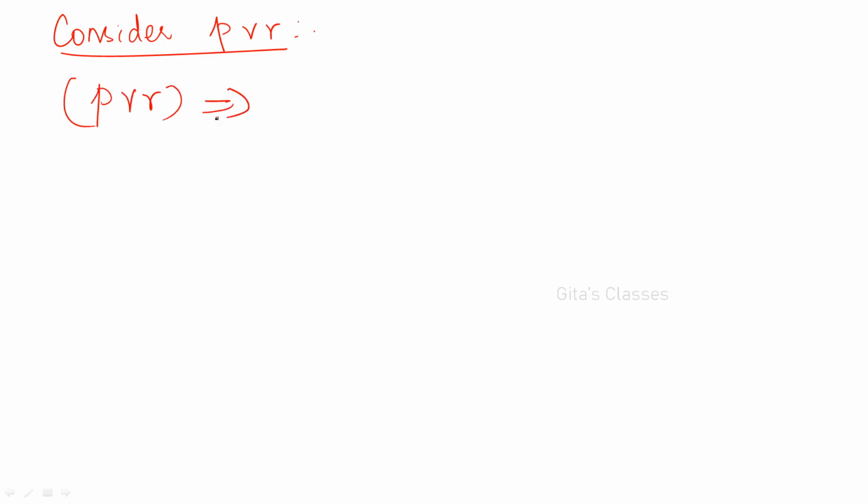One second, my pen is not writing properly. So first consider the first term, P∨R∨R. What is missing? Q is missing. So P∨R∨R is equivalent to P∨R∨R∨F.